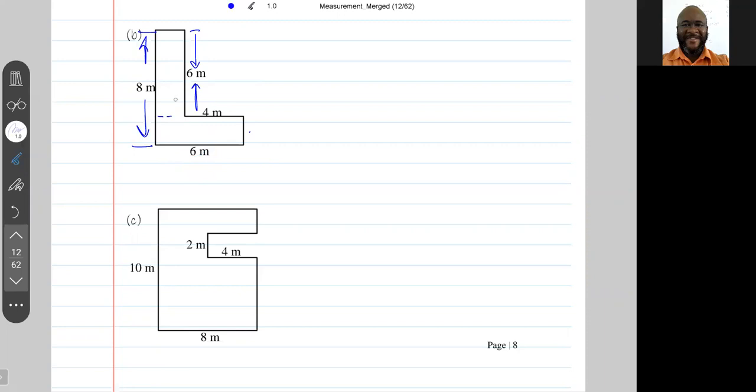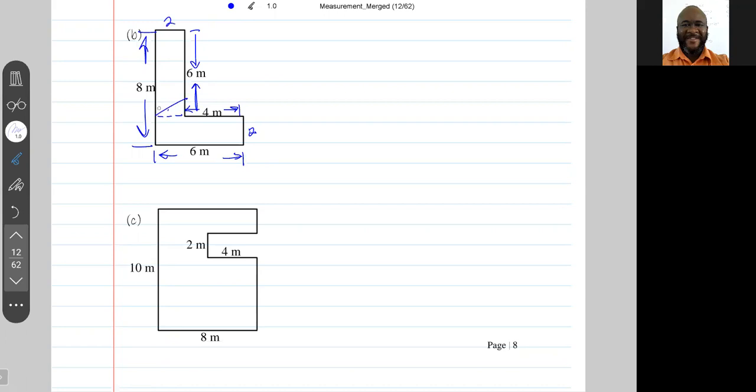Now, the entire length from here to here is 6. But from here to here is 4. It means that this piece is 2. So up here is also 2.